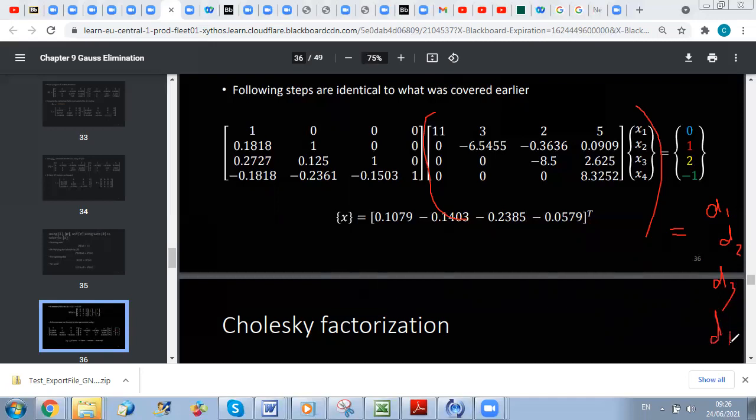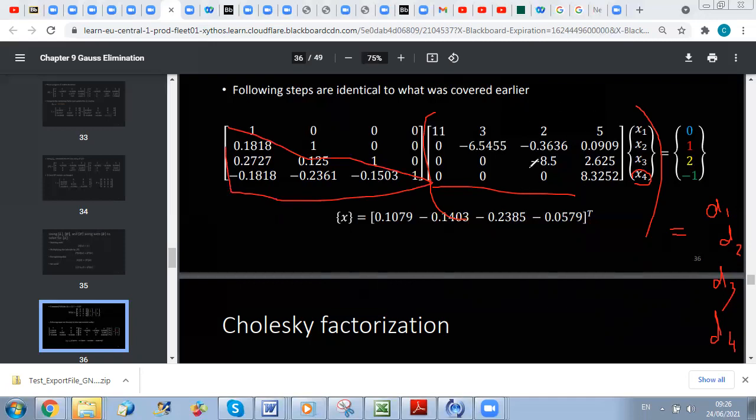So now how will you start? You will start to solve for X4. You will do backward substitution now. Why? Because this is a lower and this is an upper triangular matrix, while here you have a lower matrix, because here the elements were below. Okay, now the elements are above.